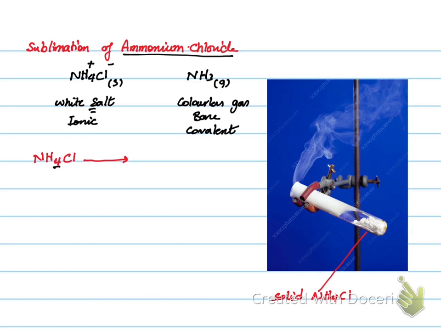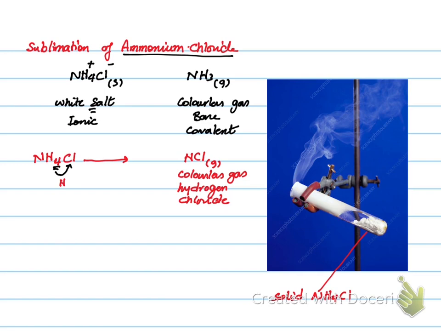During decomposition, one of the 4 hydrogen atoms goes to chlorine to form hydrogen chloride, HCl. It's a colorless gas called hydrogen chloride. Don't say hydrochloric acid, because hydrochloric acid is a solution of hydrogen chloride. But this is a gas, hydrogen chloride.